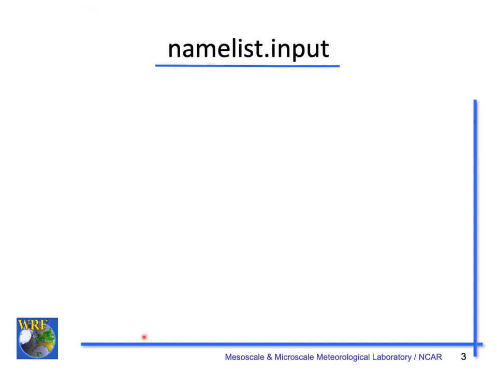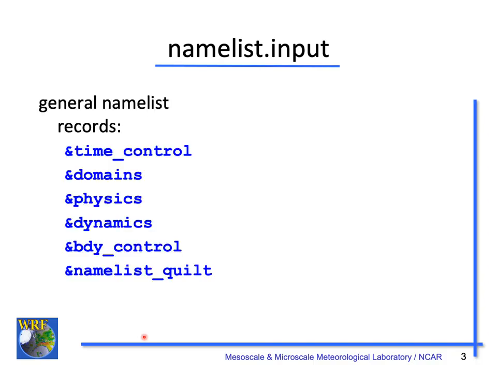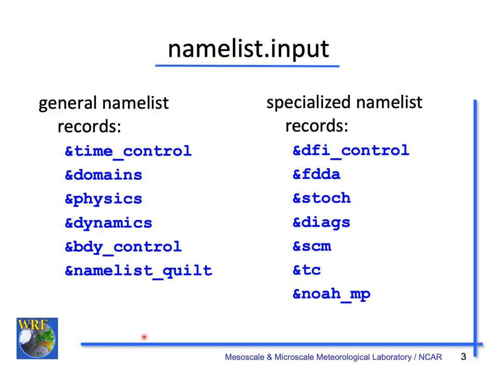Most of the namelists we have talked about so far are the namelist records listed here. There are other namelist records for special applications, such as those listed here. For example, if you've gone through the WRF nudging talk, the relevant namelists are defined in namelist FDDA.